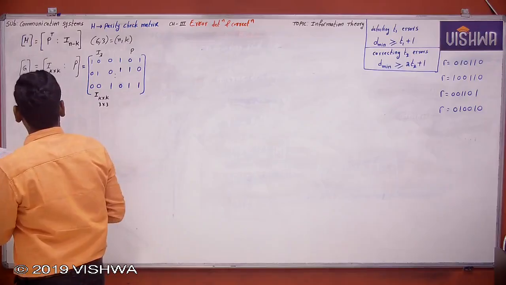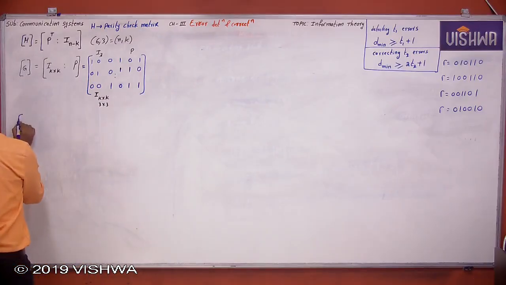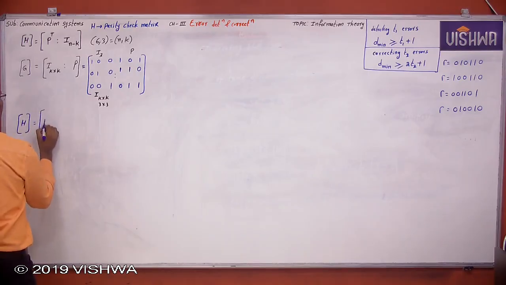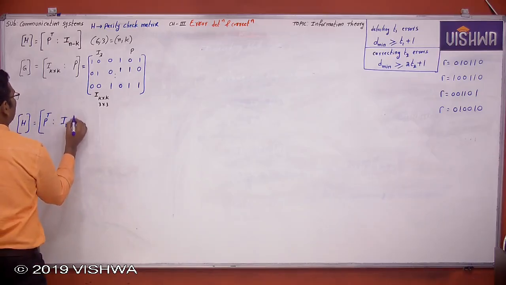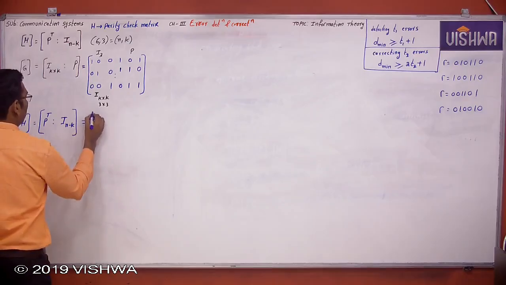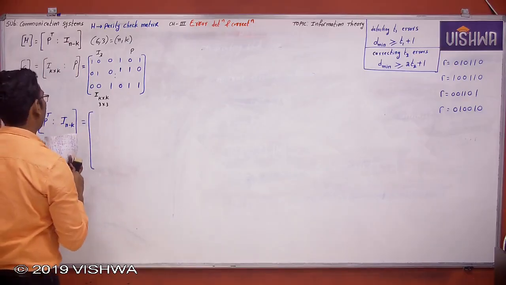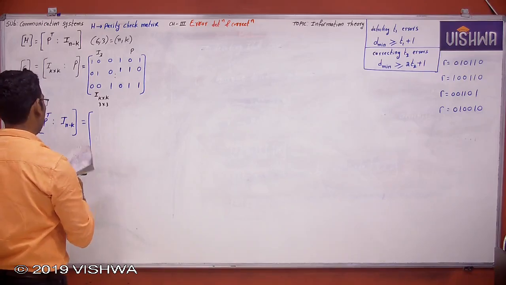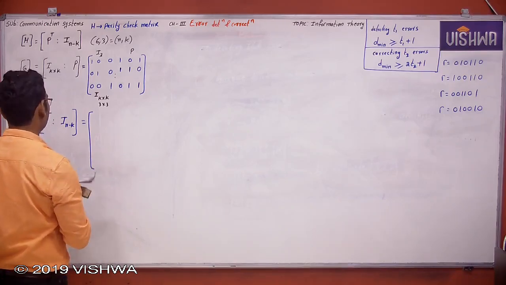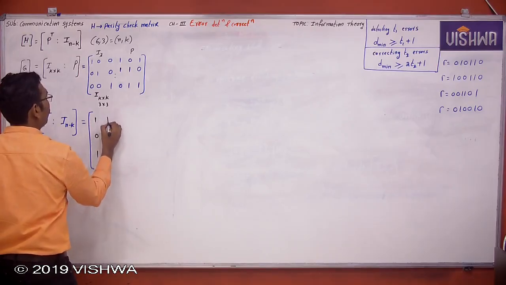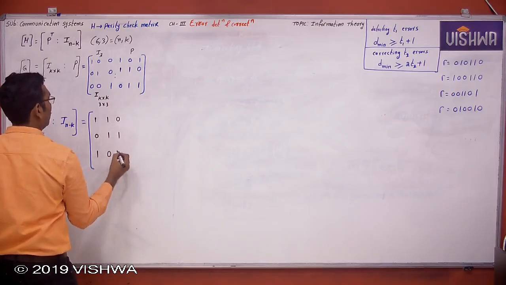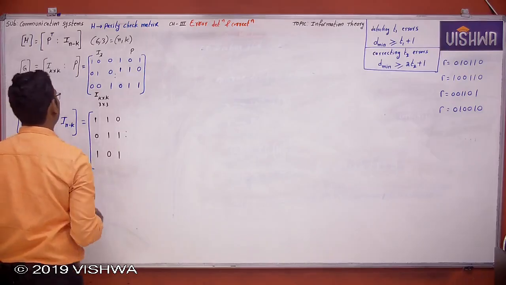What is a parity check matrix? In the parity check matrix H, the first part is the parity transpose and the second part is I_(n minus k). So the first part is the parity transpose; the parity is already available, so you should take its transpose: 1, 0, 1, 1, 1, 0, 0, 1, 1, and the second part is I_(n minus k).